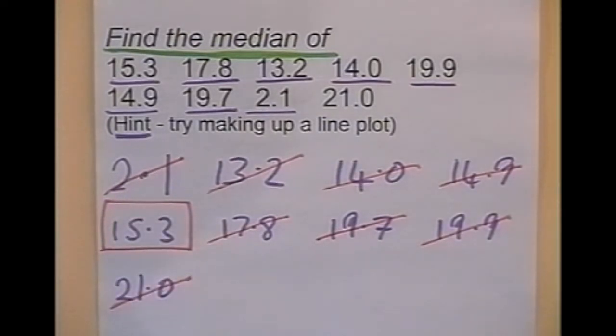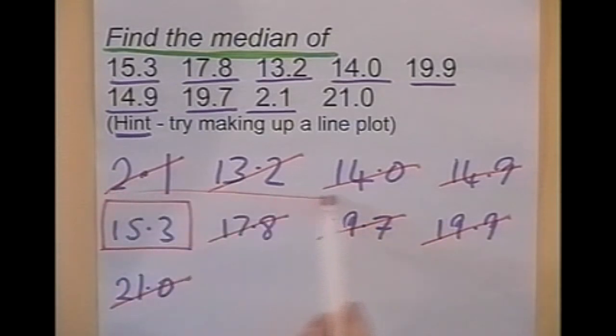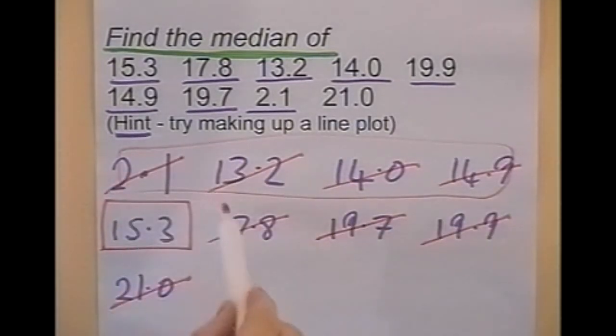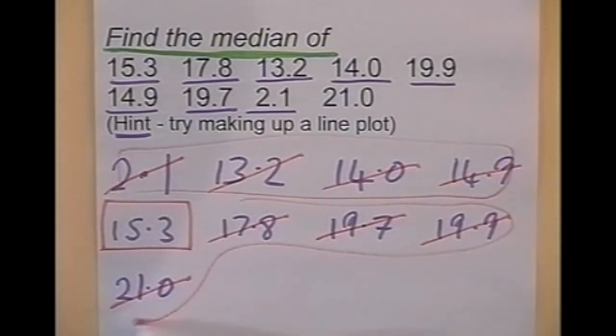So 15.3 is the value at which half the measurements in this sample lie above and half lie below. These are all below, these are all above. So the median in this case is 15.3.